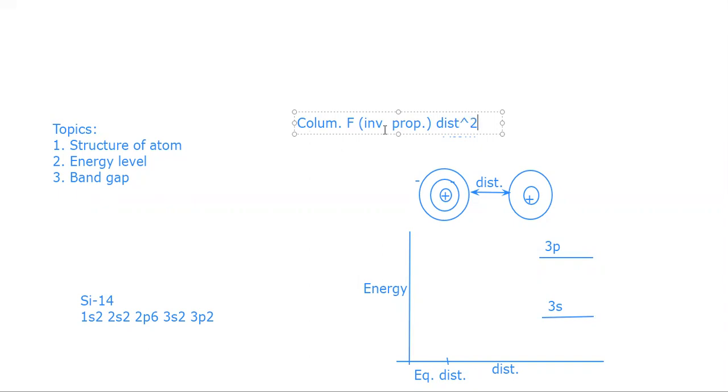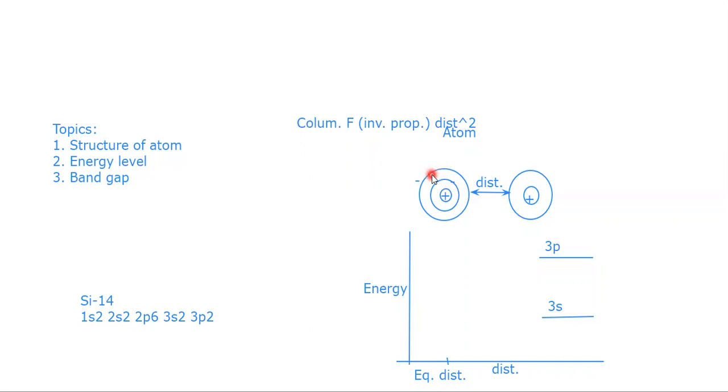As we know, Coulombic force is inversely proportional to square of distance. So in the first orbit electrons are much closer to nucleus. That means the distance is very less, and that's why the Coulombic force of attraction is very high, and hence they do not possess much higher energy. They are very attracted to the nucleus.